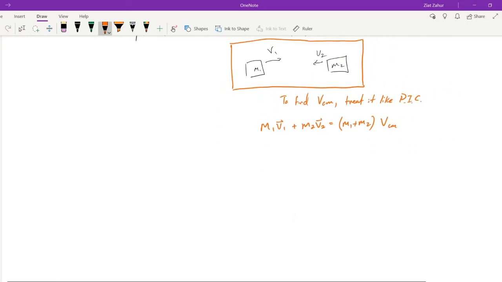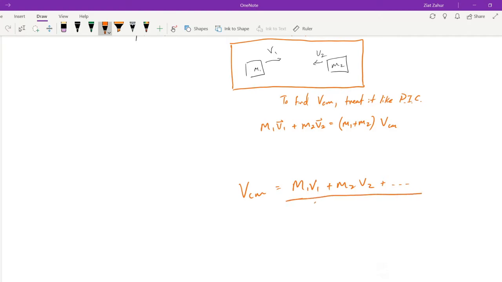And if I isolate this VCM, you can see how we get M1 V1 plus M2 V2, and if I had more, I'd just do more, divided by the total mass, M1 plus M2, plus more if I had more.